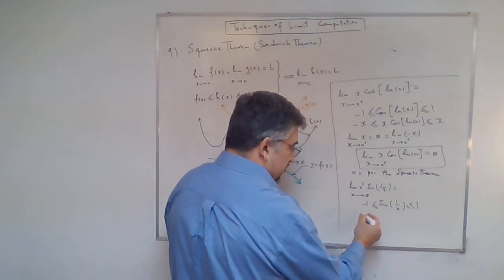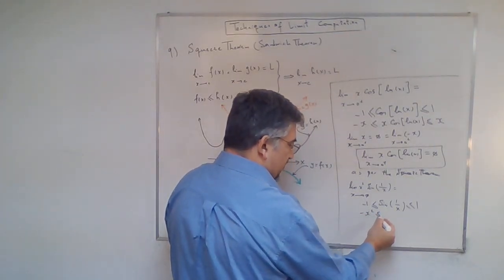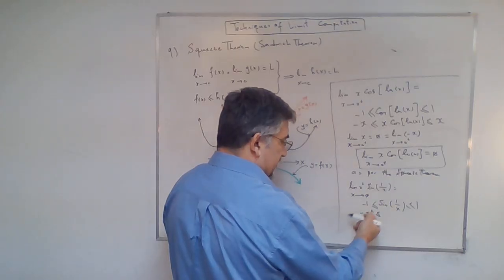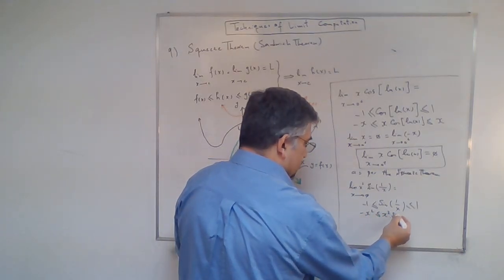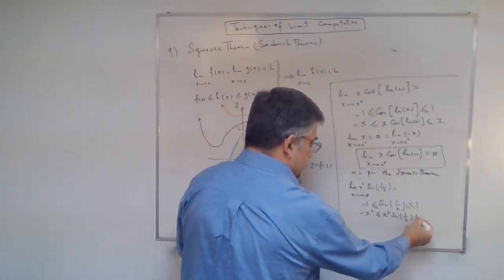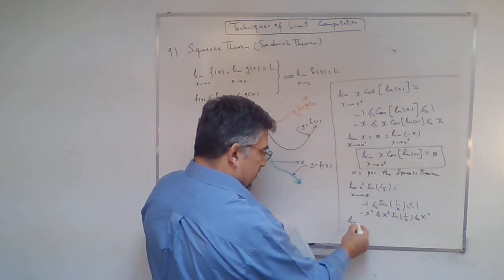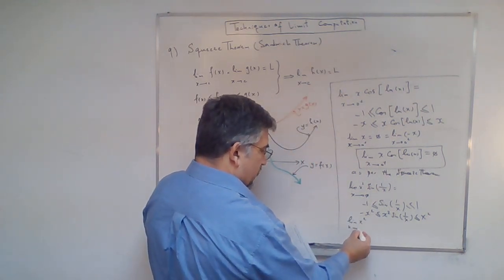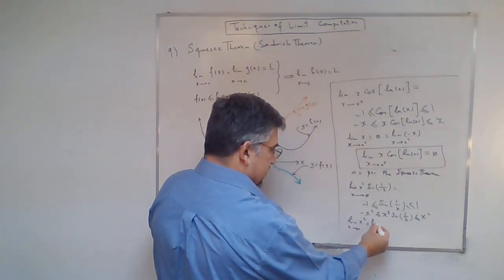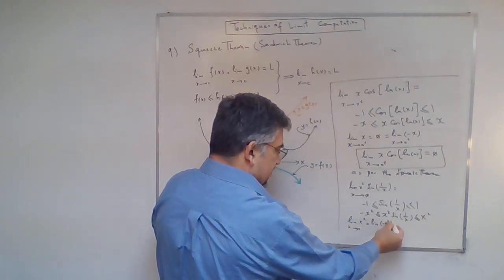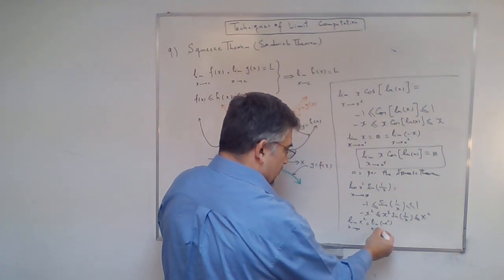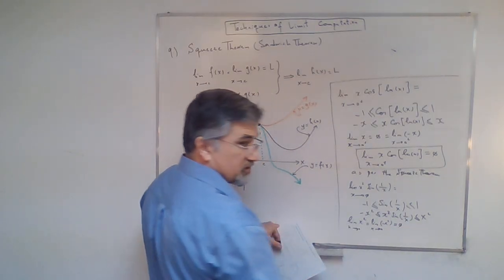And if you multiply all three sides by the positive value of x squared, we get negative x squared less than or equal to x squared times sine of 1 over x less than or equal to x squared. And then we can argue that the limit of x squared when x approaches 0 is the same as the limit of negative x squared when x approaches 0, and both of them are equal to 0.